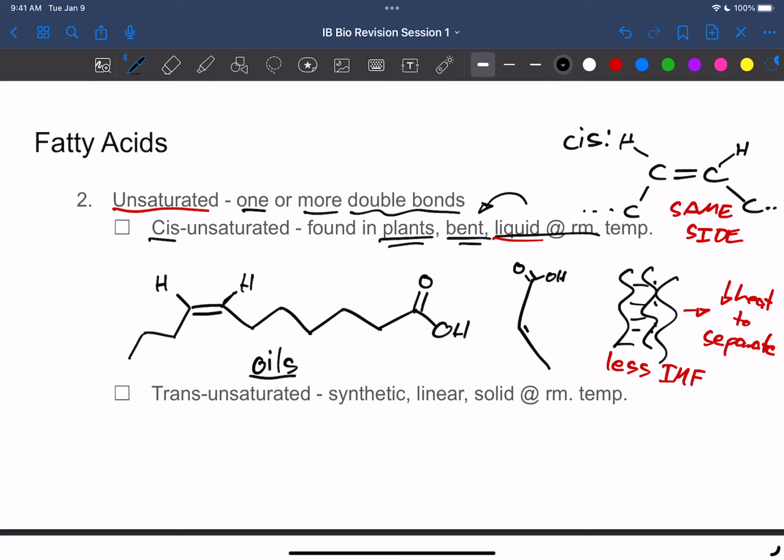Next, we're going to talk about trans unsaturated. This is the opposite of same side. Let's just draw this out here. When we have a trans double bond, trans looks like this.